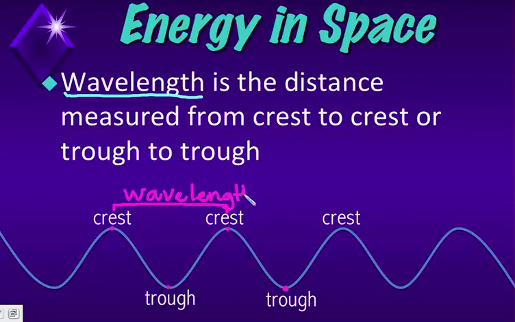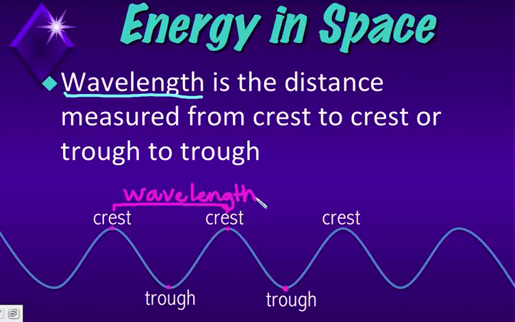So go ahead and make sure you have all three of those things labeled on a wave that you drew in there. The crest is the top, bottom is the trough. Wavelength is one point to the exact same point on the next wave. So the easiest way to do it is crest to crest or trough to trough.